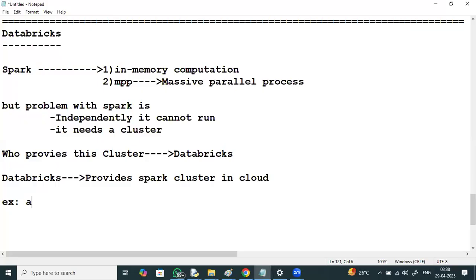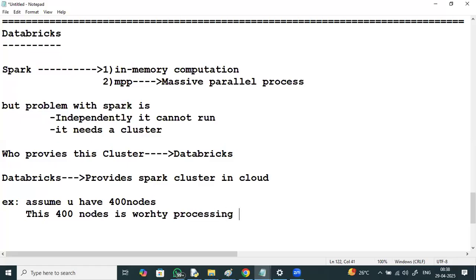Example: assume you have some 400 nodes. Nodes means systems. Assume you have 400 nodes, 400 systems, and these 400 nodes are capable of processing 2 TB of data.